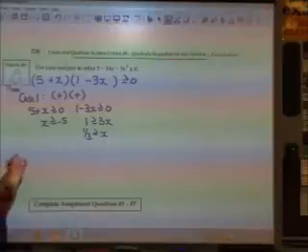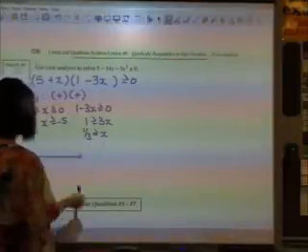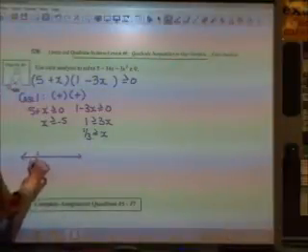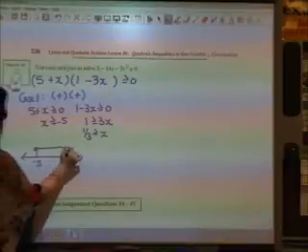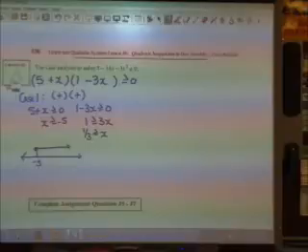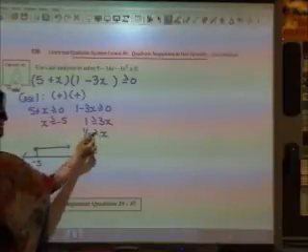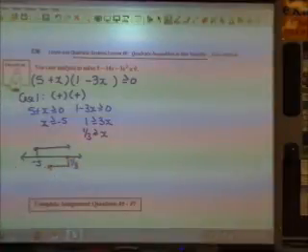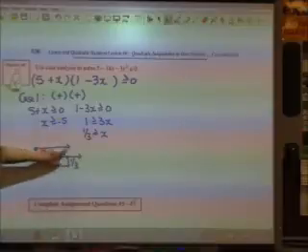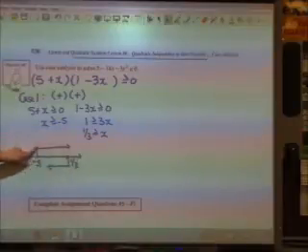So if I was to graph that, I have x is greater than or equal to -5. So that's that part of the number line. And then I have that x is less than or equal to 1/3. So the part that overlaps is all of the stuff in the middle.